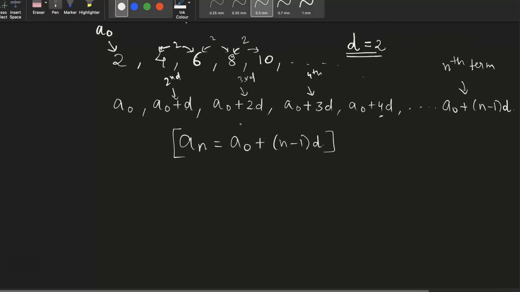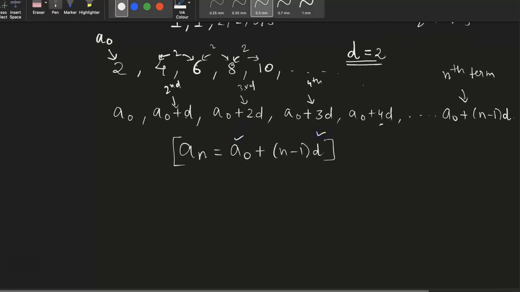So given any a0 and d, you can find the nth term. For example, a quick question I can ask you: if a0 is 3 and the common difference is 2, then tell me what is the 10th term of this sequence. Now just put the value of n as 10, then you will get a0 is 3 plus (10 minus 1) times the difference, which is 2.